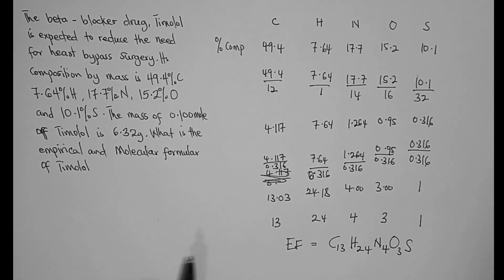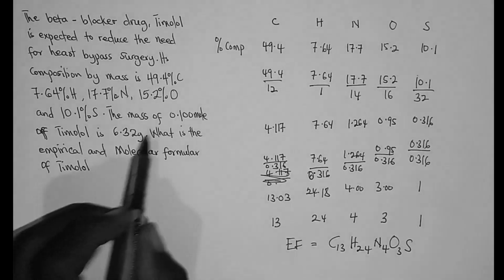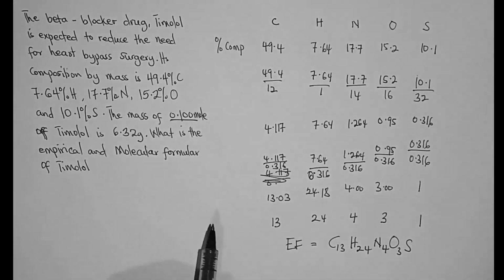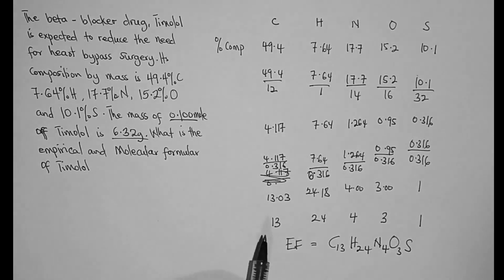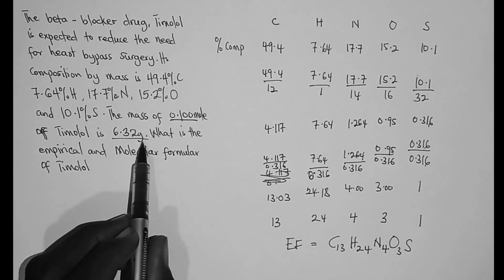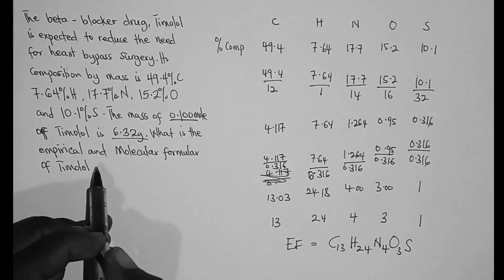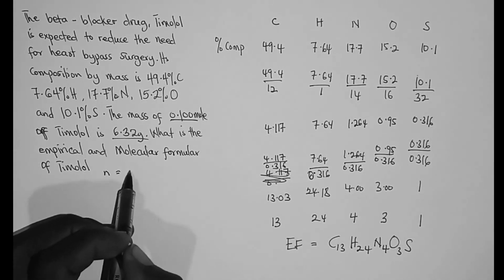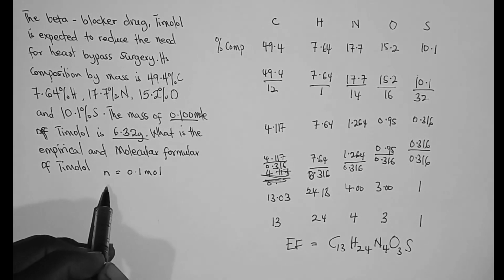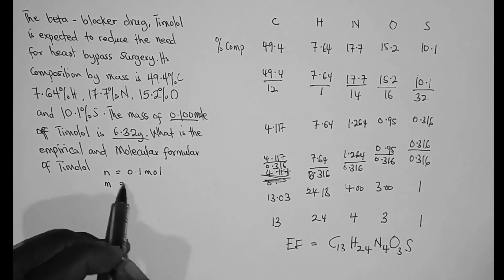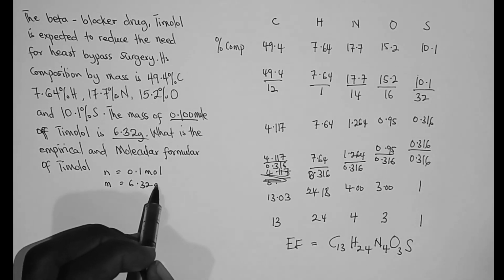However, they said that 0.1 mole of timolol is 6.32 grams. So what we need to do is use this information. The number of moles of timolol is 0.1 mole, and then the mass of timolol is 6.32 grams.